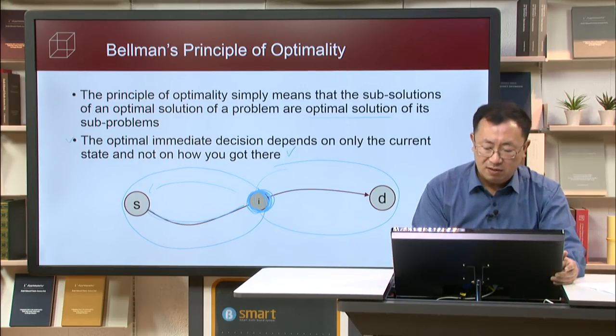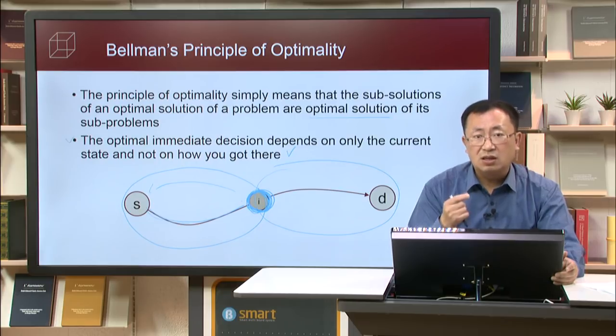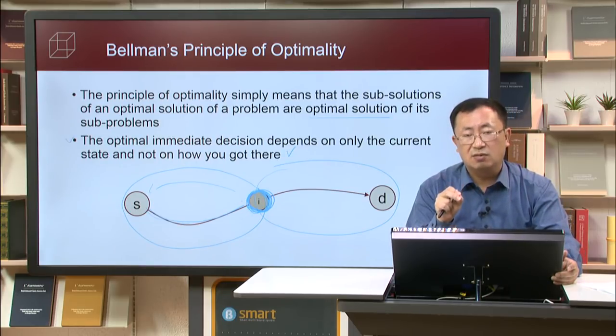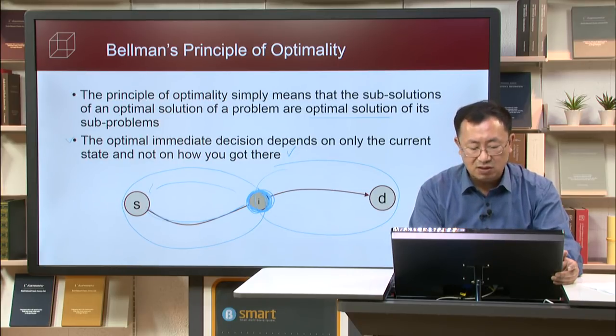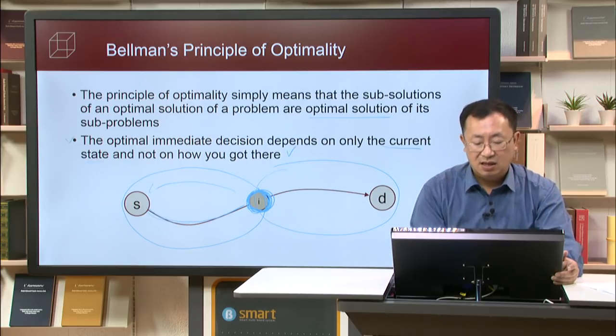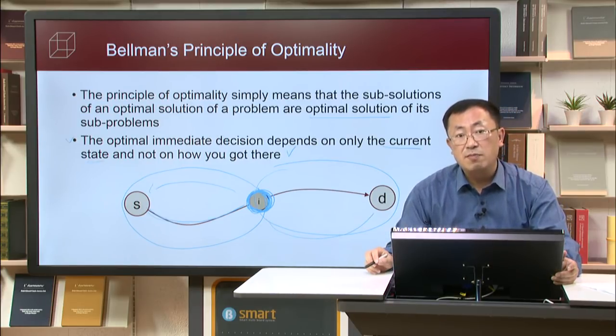The only thing that affects the decision of finding the optimal node to visit next is the current state and how many steps are remaining.